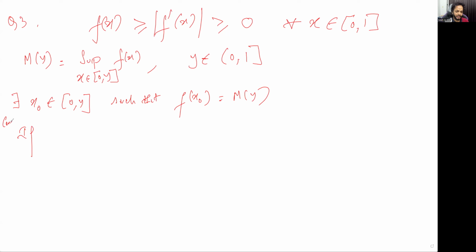Now, case 1, a trivial case: if x naught is equal to 0, then f of x naught is equal to f of 0, which is 0.